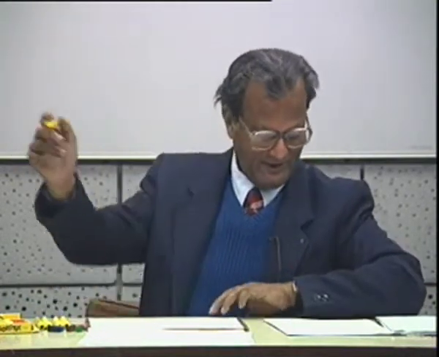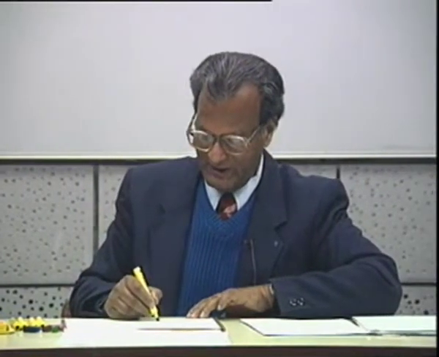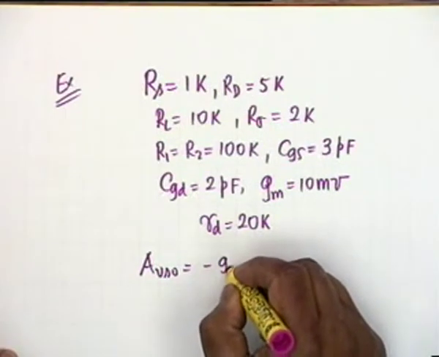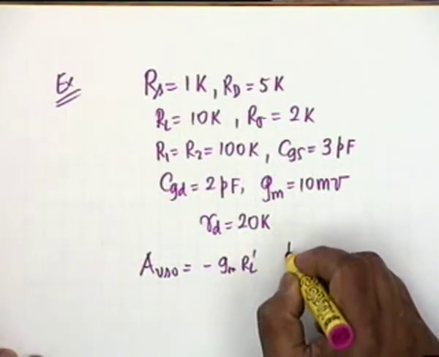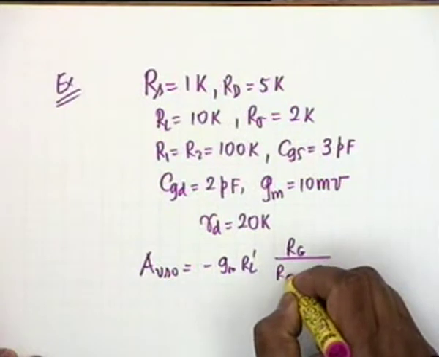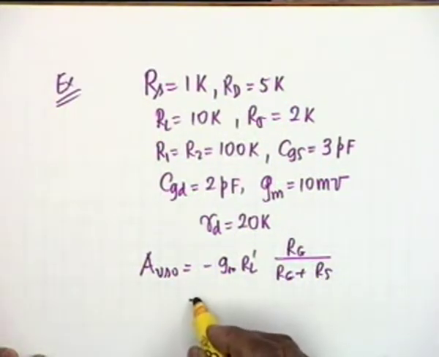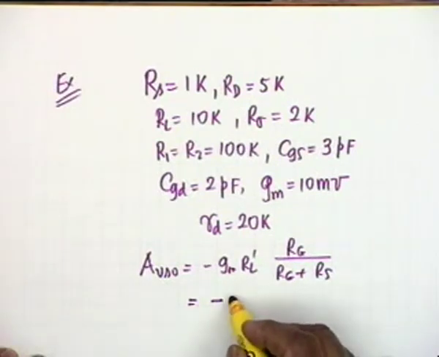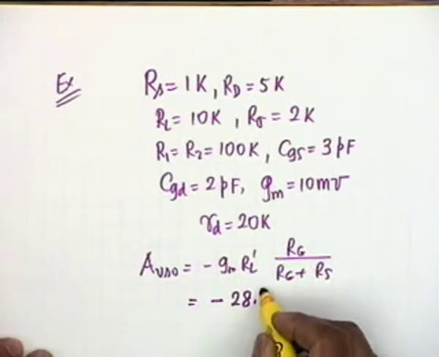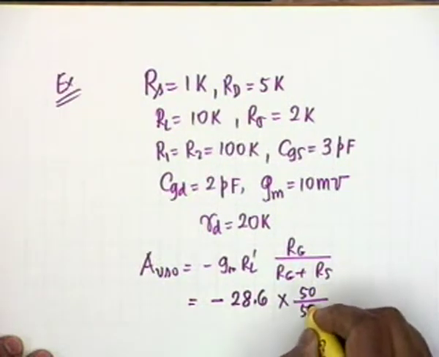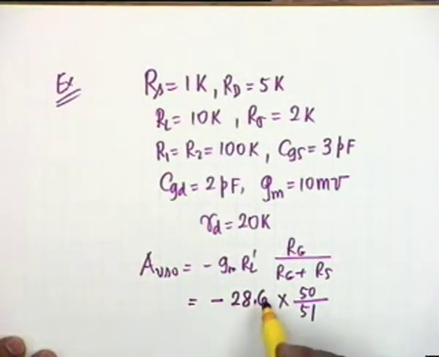Okay. Now if this is so, then AVS0 is given by minus GM RL prime RG divided by RG plus RS. Substitute these values and it calculates out to minus 28.6 multiplied by 50 divided by 51.